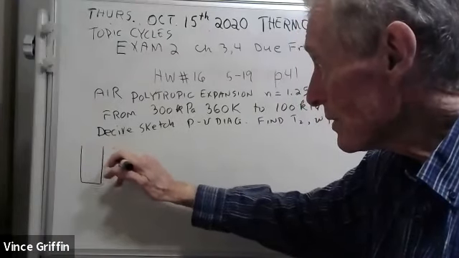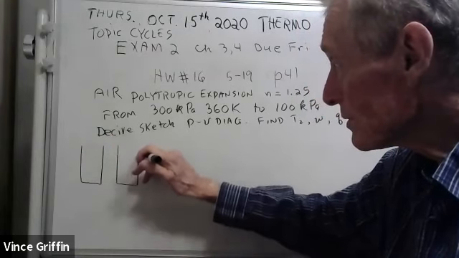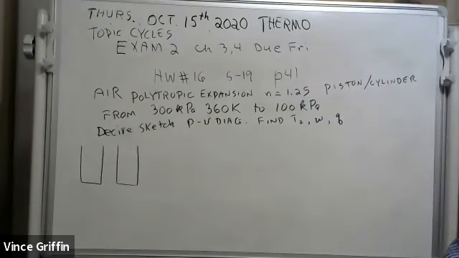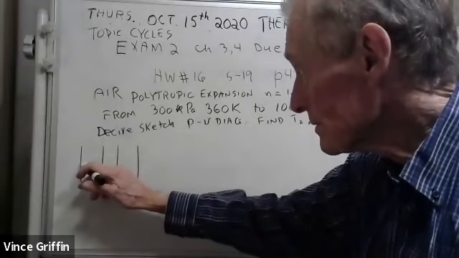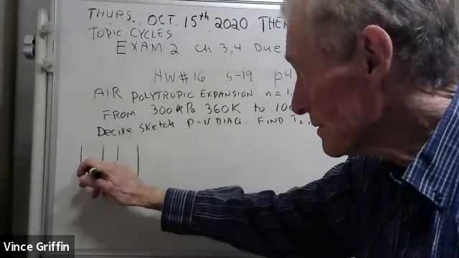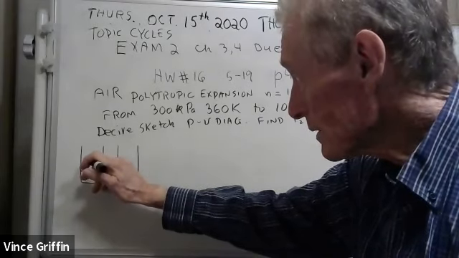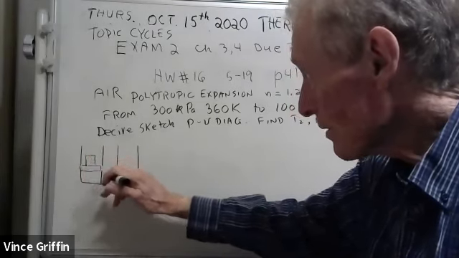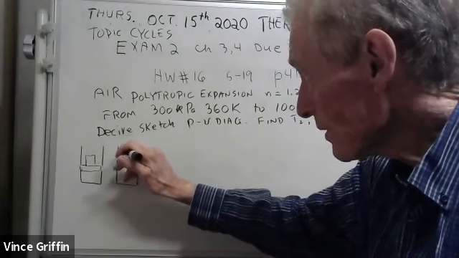Is the pressure going up or going down? What do you think? Pressure going up, pressure going down. Looks like the pressure's going down, huh? What happens when the pressure goes down? Well, I think you have to take that weight off and the piston will go up and the volume will increase.